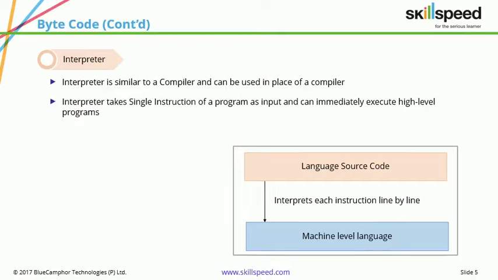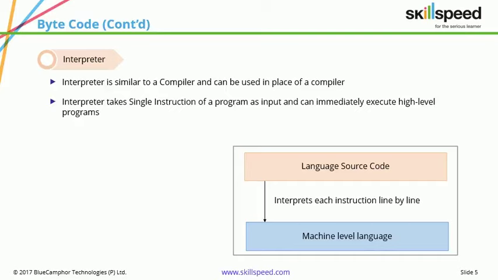We don't need to convert it directly into machine understandable language, or compile it specifically into a machine language program. We can interpret a set of instructions into some other kind of program.